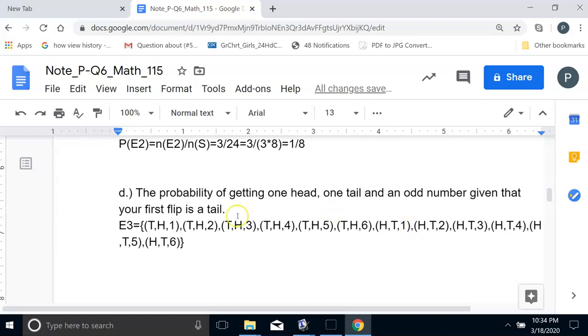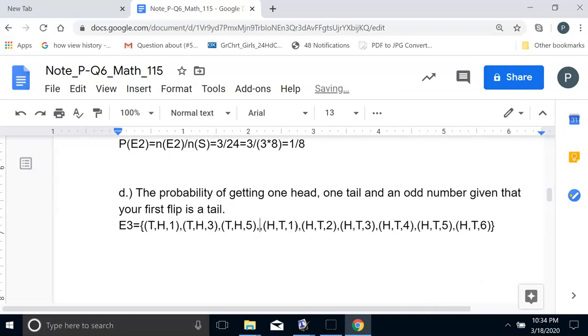Odd numbers are 1, 3, 5, and so forth. This is an even one, take it away. This is an even one, take it away. Even, take it away. Even, take it away. Even, take it away. So we're left with those.